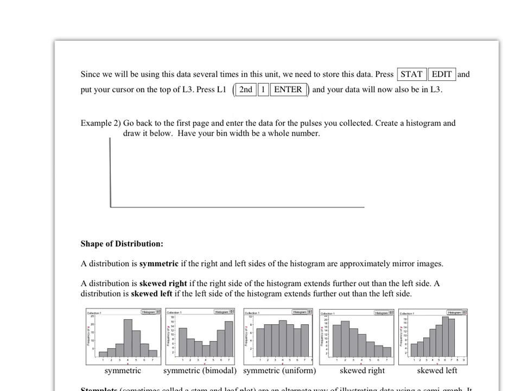Now, here's the bad part about the video. I put this iPad down, and in order to do the video, I've got to bring up the computer on top of this. So this is what's being recorded. So the person's going to be staring at this while we're on our calculator. So get your calculator out.